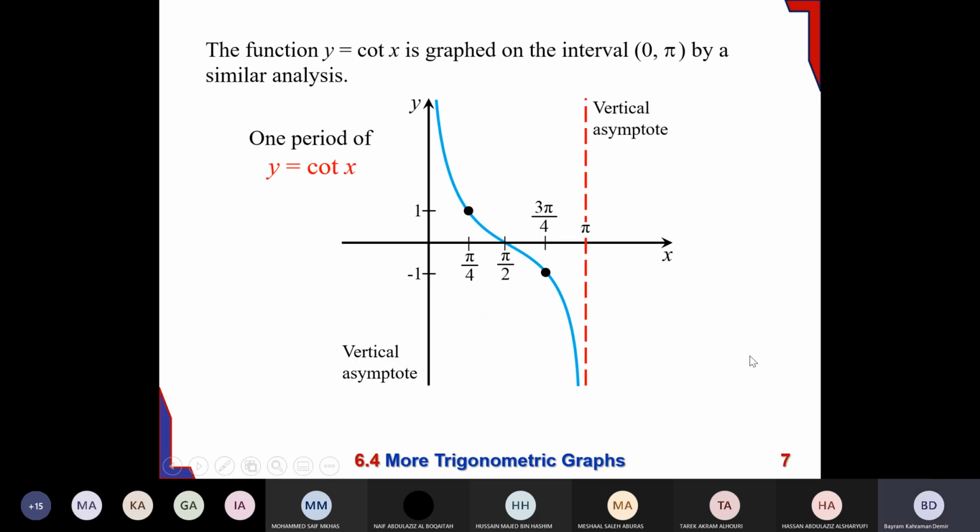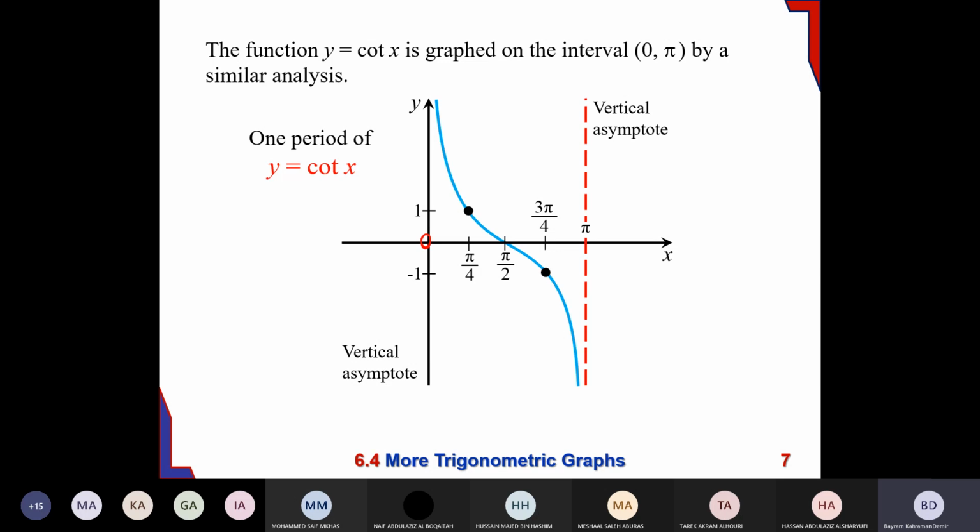Let's see what's happening with cotangent. Well, in the cotangent, the 0 is one asymptote. Let me just put 0 here for you. And also pi is undefined. And remember, 0 and pi were x-intercepts for tangent.